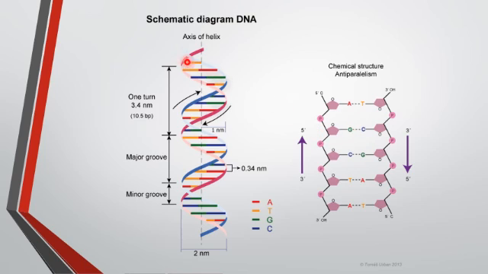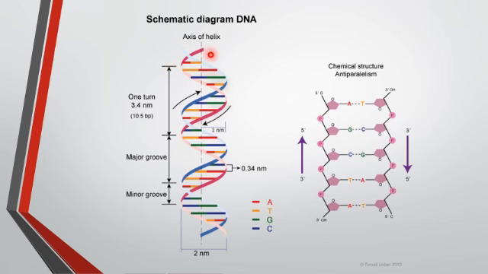These are complementary to each other. That is universally fixed, that A will complement with T and G will complement with C with 2 hydrogen bonds and 3 hydrogen bonds respectively. So that is a double helical structure.